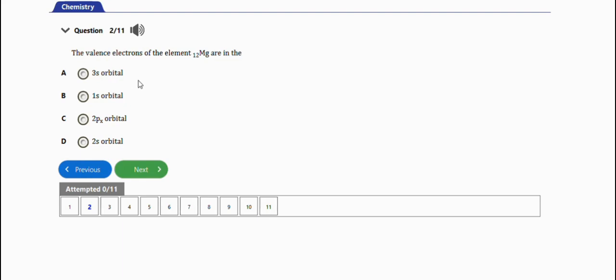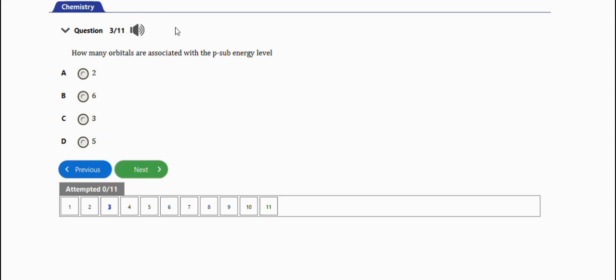So in the 3s, that's where you're going to have the two valence electrons that exist as the outermost shell electrons. Those are the electrons given out when magnesium takes part in a chemical reaction. So the valence electrons of the element magnesium are in the 3s orbital. Okay, very important.